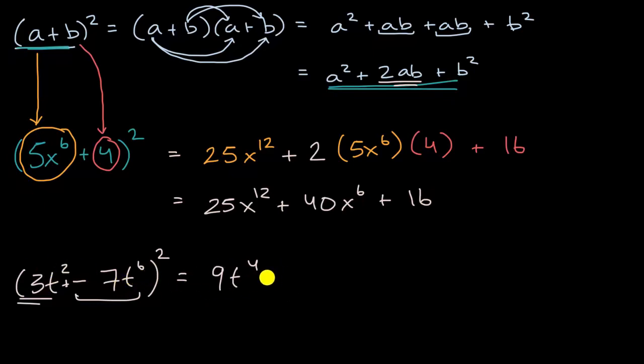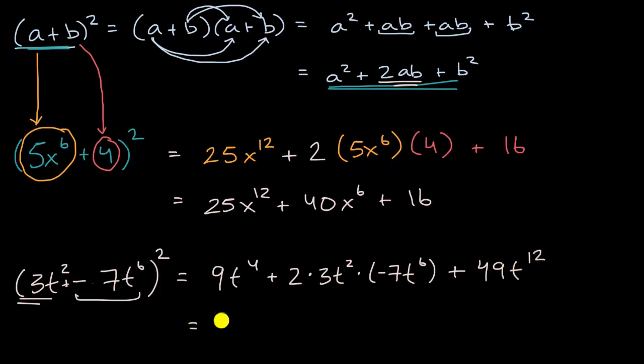So this is going to be plus 2 times 3t squared times negative 7t to the 6th power. And then last but not least, we're going to square negative 7t to the 6th. So that's going to be negative 7 squared is positive 49. And t to the 6th squared is t to the 12th power.